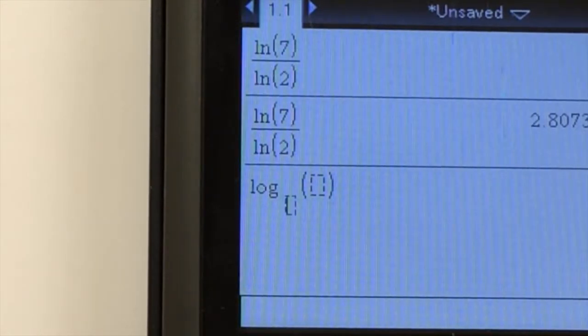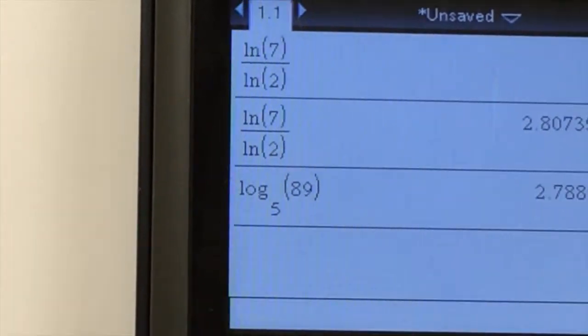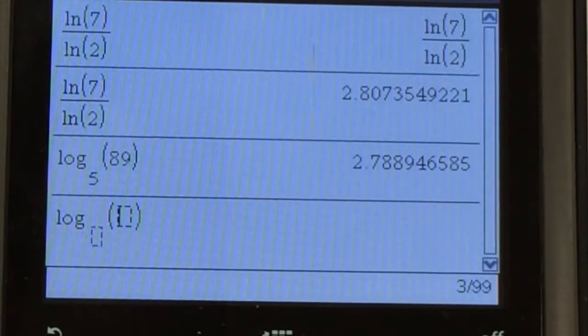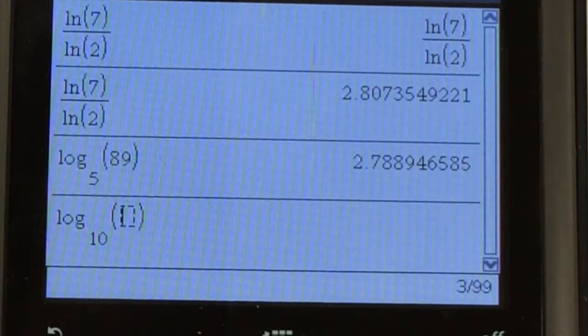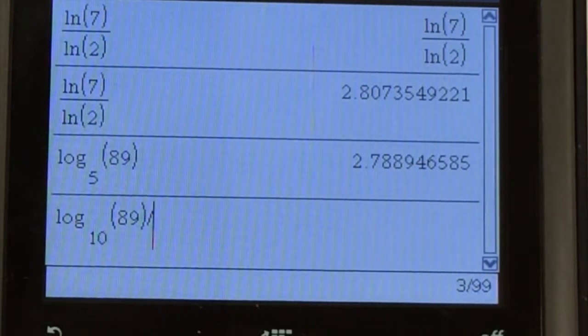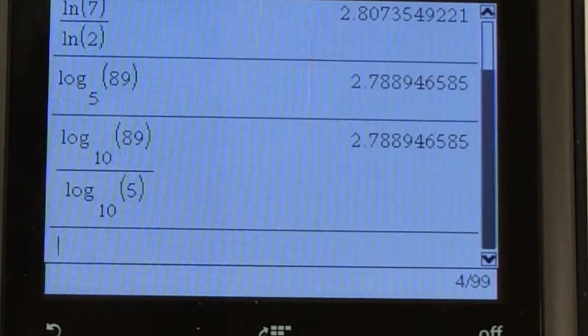So if I already know that's 5 and 89, and I hit enter, I get about 2.788. Now if I do my normal change of base, so I'm just going to type in log base 10 of 89 divided by log base 10 of 5, we should get the exact same thing. So 2.789.